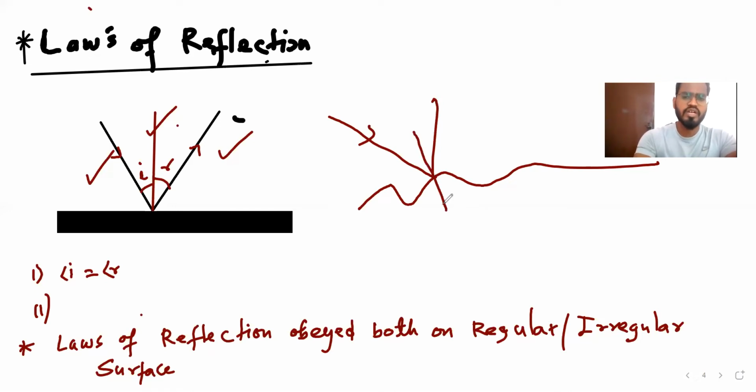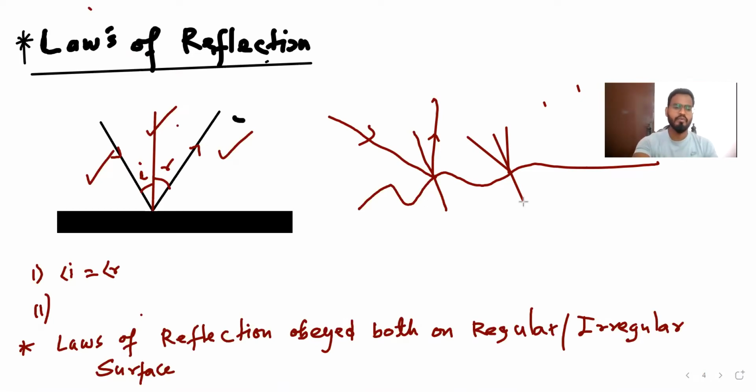So this is the normal, incident ray, reflected ray. It will fall like this, maybe it will go like this, right? So we have the incident ray, then the reflected ray, and then the normal like this. The main reason to write this is that it does not depend upon the medium. Any medium you take, even if it is a rough or irregular surface, the bounce back will be less, but it will follow the laws of reflection.